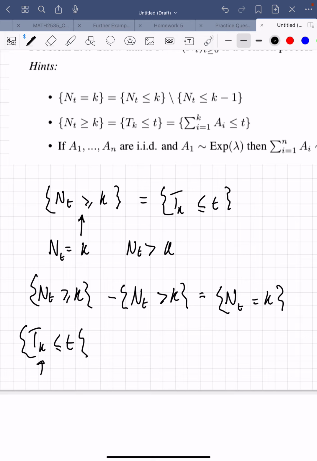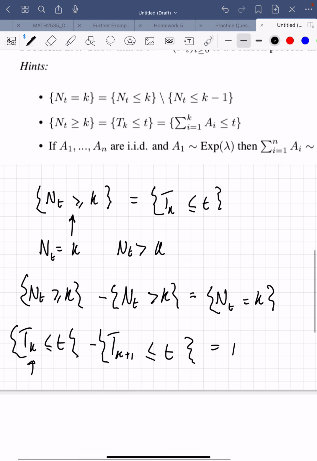So we then want to make sure that any event n that is greater than k, so let's say k plus 1, we want to make sure that the time of the next event, k plus 1, is not less than or equal to t, and that is therefore equal to k.